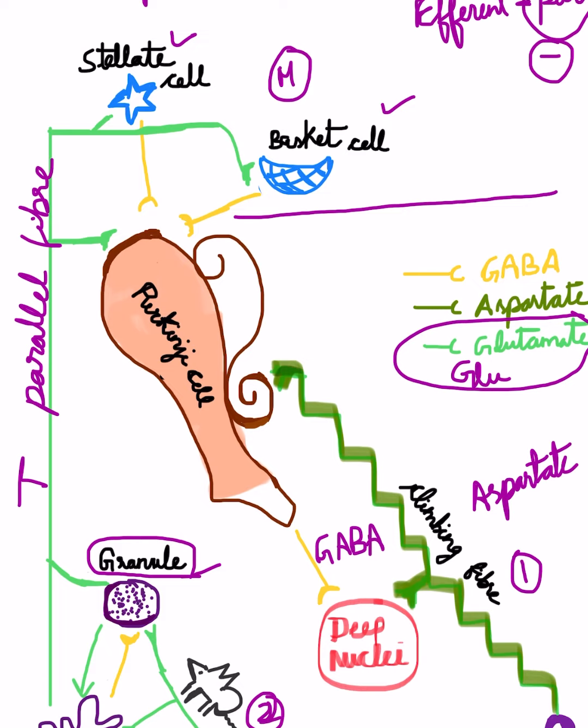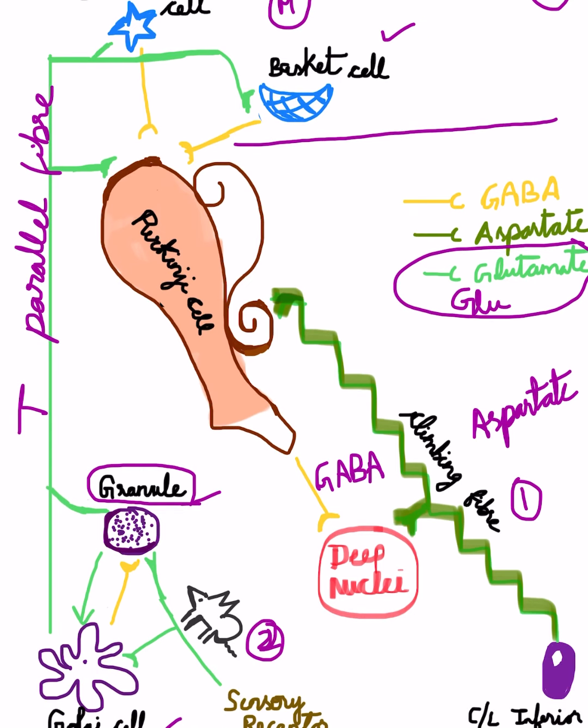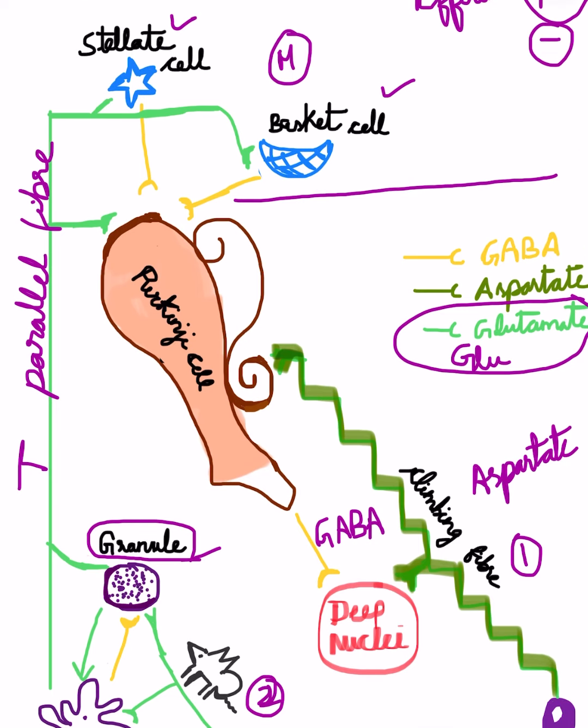The Purkinje cell is the main output of the cerebellar layers, giving the GABA neurotransmitter to the deep nuclei. And there is another inhibitory network between the Golgi and granule cells. The granule cells excite the Golgi cells, but the Golgi cells inhibit the granule cells, like a feedback mechanism. These are the networks present in the cerebellar layers.